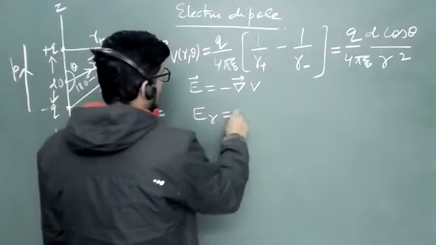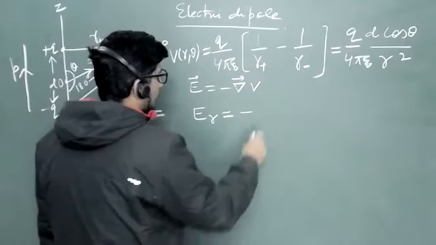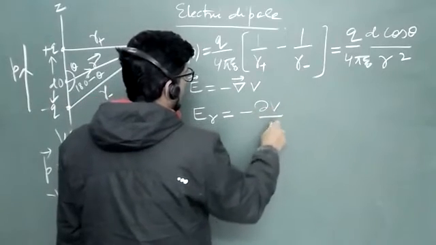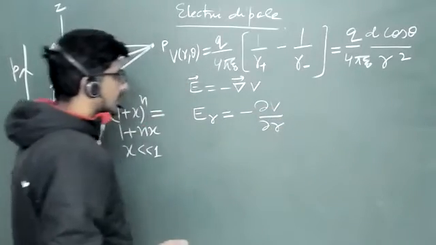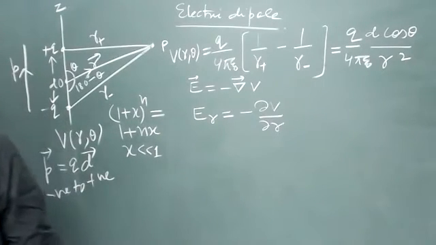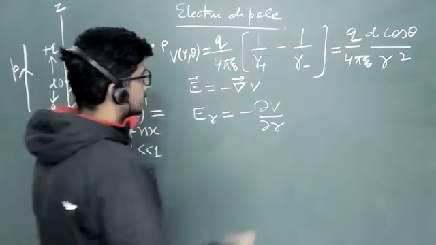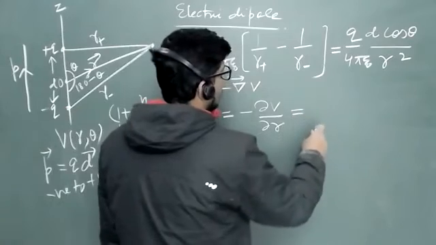ER will be equal to, बताओ भाई, minus del V upon del R, right? So what will be the value? जल्दी से बताओ. The value of this. कितना हो जाएगा? Q upon 4 pi epsilon naught R cube into D into 2 cos theta.